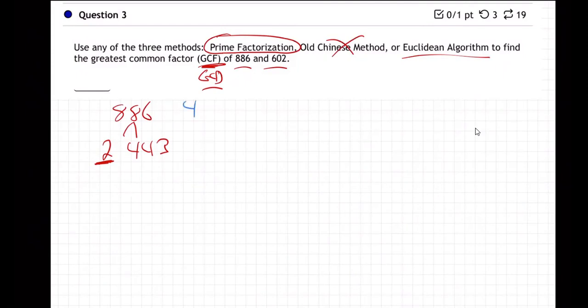The question I'm going to ask now is, is 443 prime? Maybe 443 doesn't break down any further. How do you figure out if 443 will break down further or not?